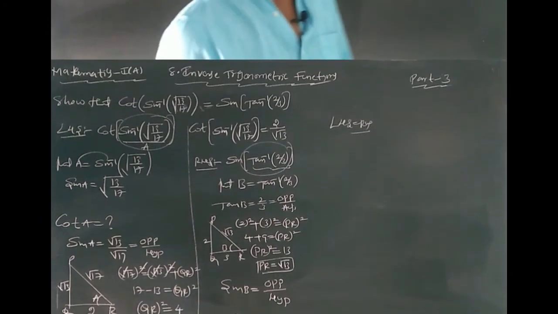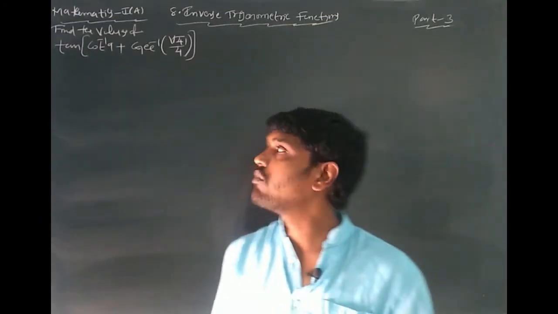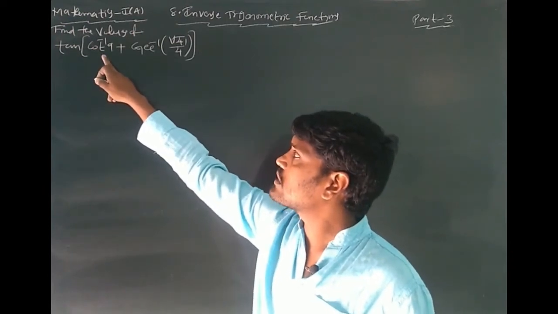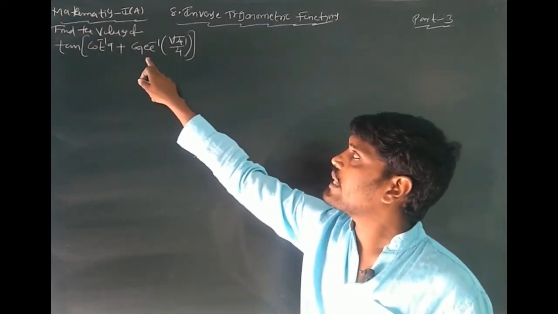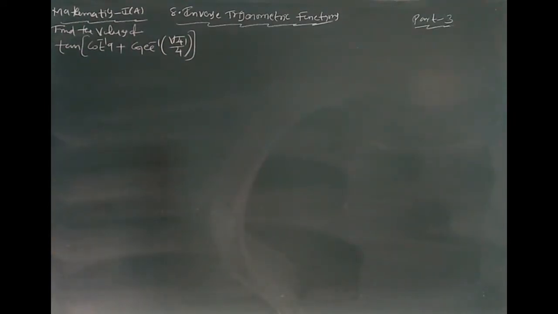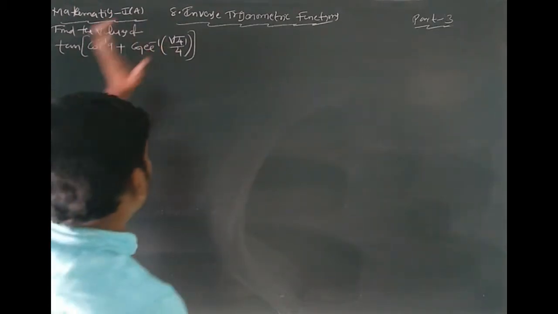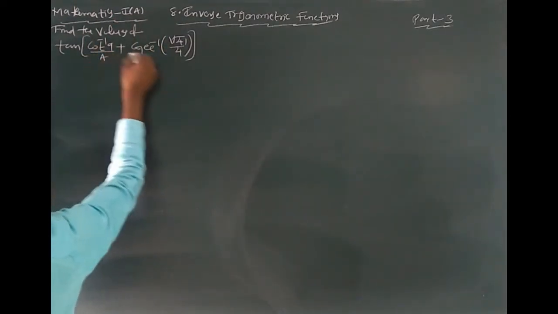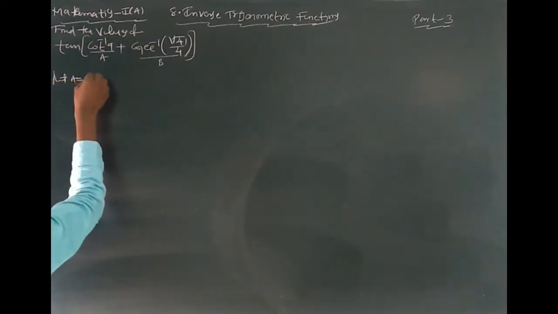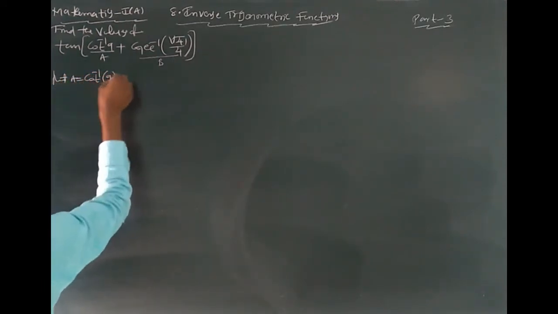Next problem is find the value of tan of cot inverse 9 plus cosecant inverse of square root of 41 by 4. The square root belongs only to the numerator. Suppose we take this one as A, this one as B. Put A is equal to cot inverse of 9.